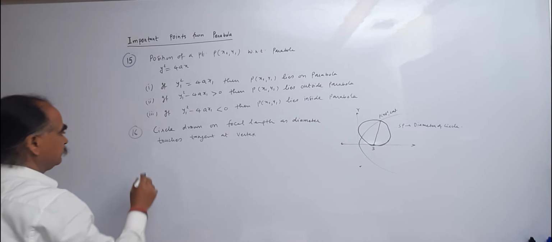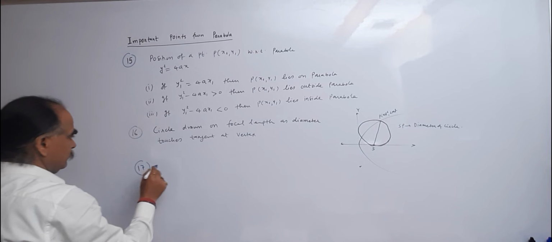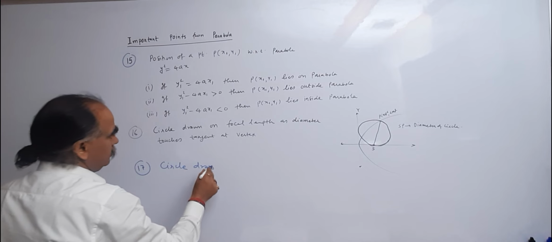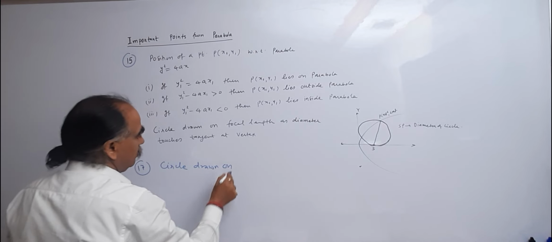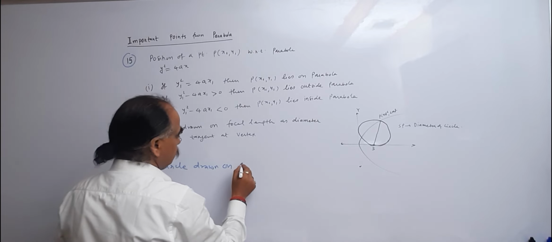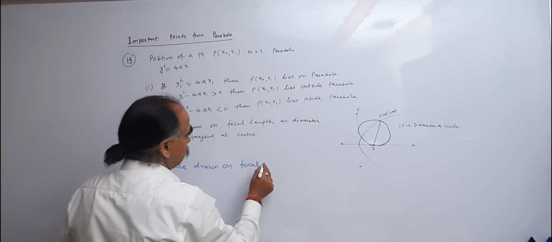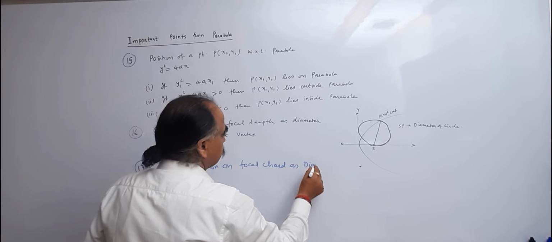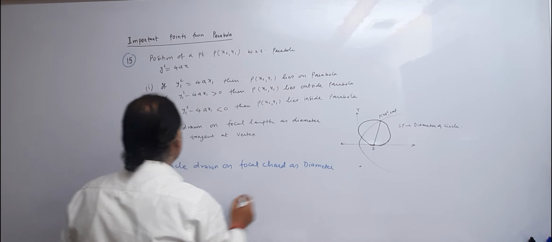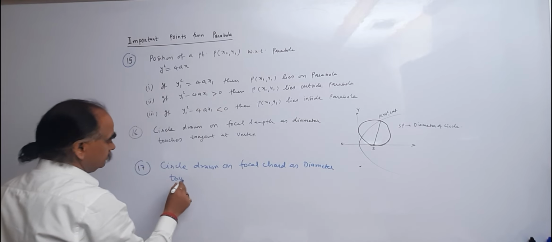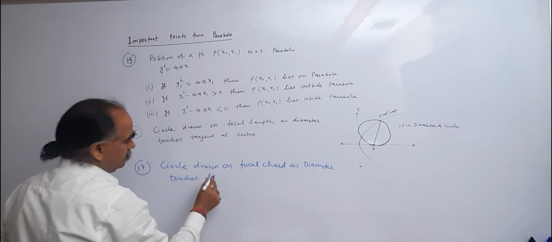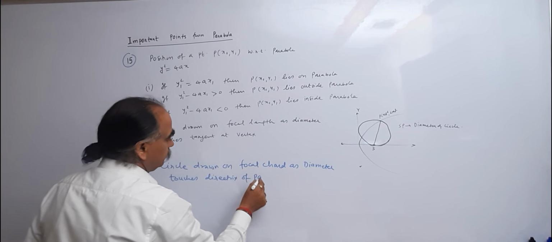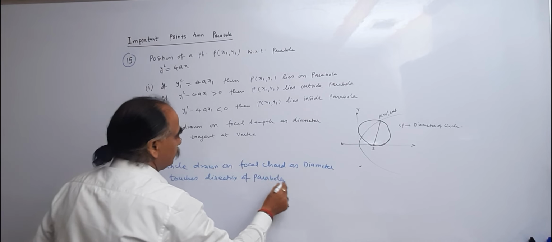Seventeenth is the circle drawn on a focal chord as diameter touches the directrix of the parabola.